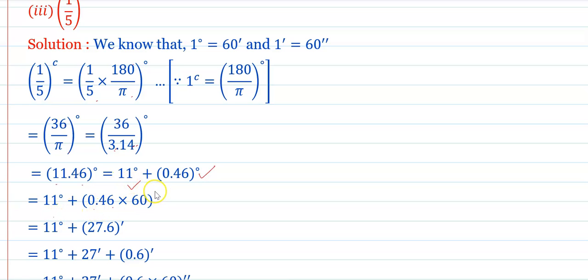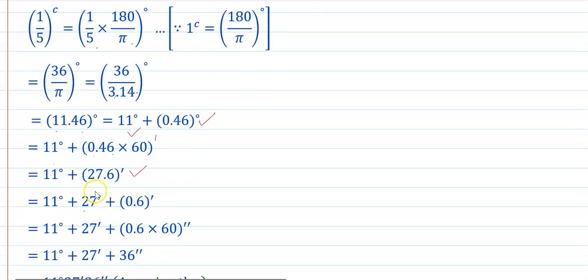याला आपण first minute मध्ये convert करणार. 0.46 into 60, and that will be converted into the minutes. त्यांचं multiplication 0.46 into 60 means what? 27.6 minutes. पुन्हा complete number आपण इकडे घेणार minutes चा, 27 minutes and 0.6 minutes.